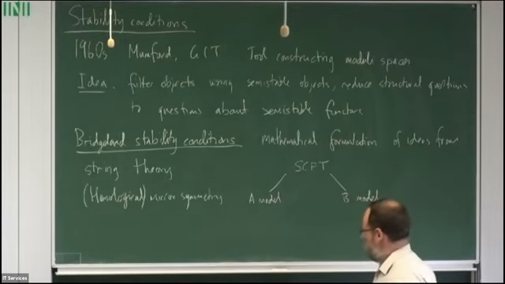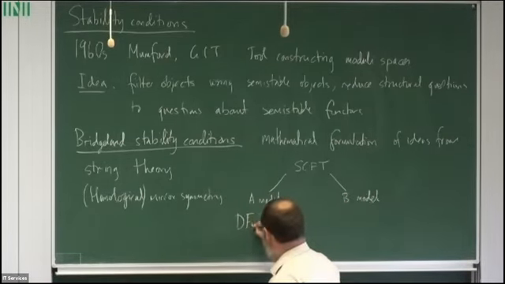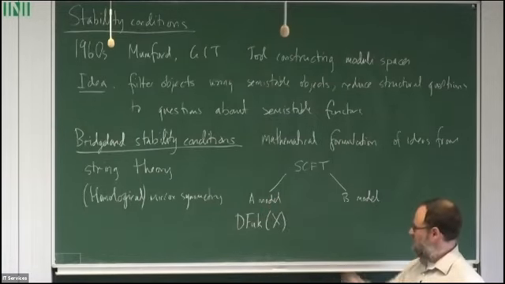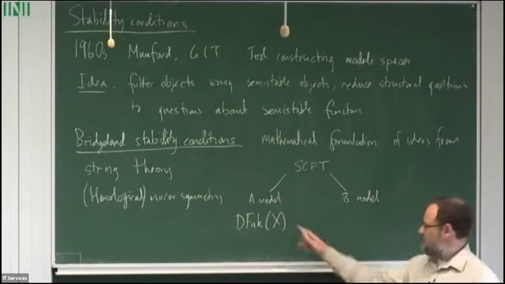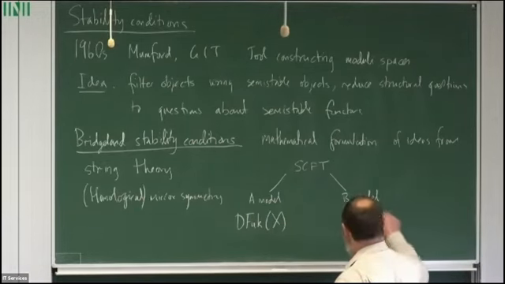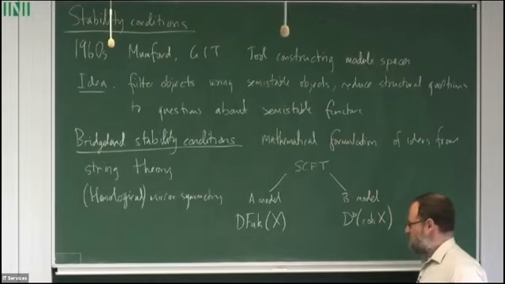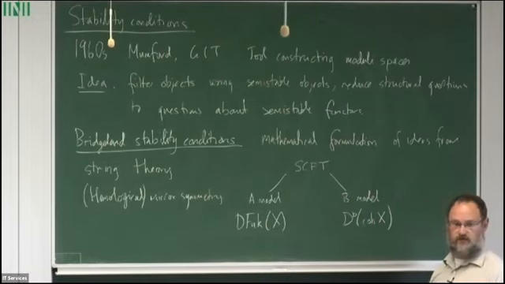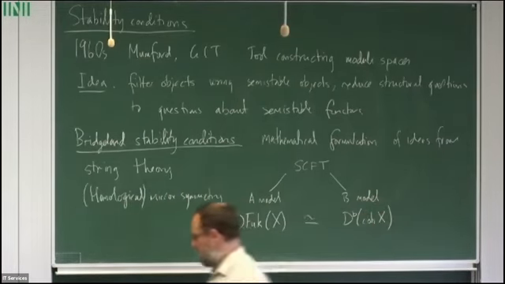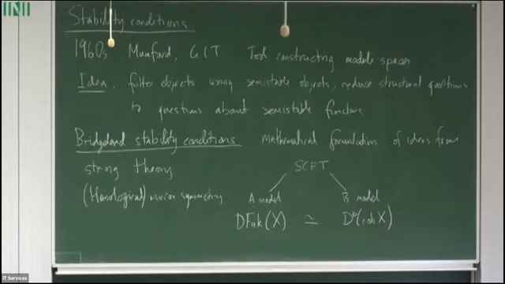And in the A model, you have the derived Fukaya category of, in the physics setting, a Calabi-Yau threefold. And in the B model, you have the derived category of coherent sheaves on this. Kontsevich's homological mirror symmetry conjecture is that these two categories are equivalent.